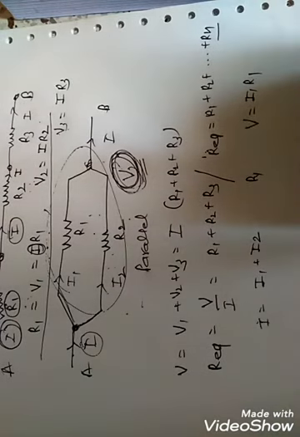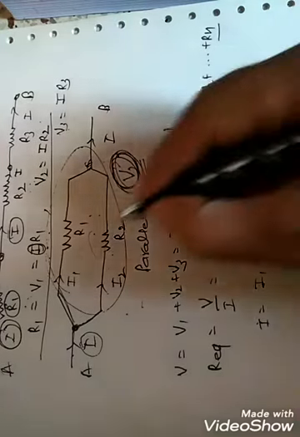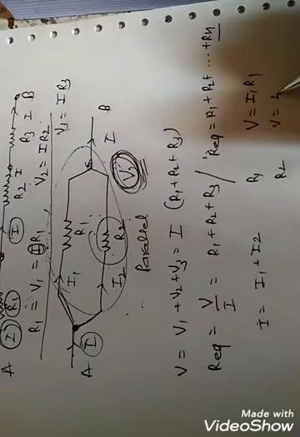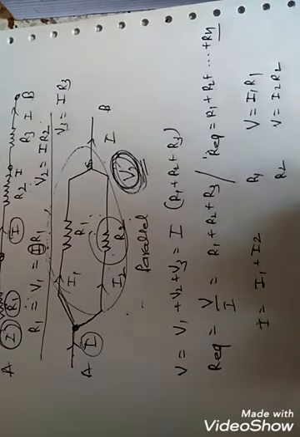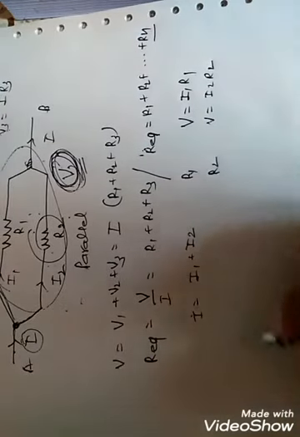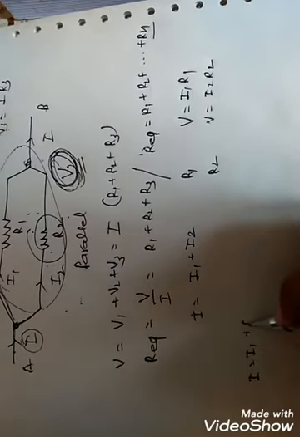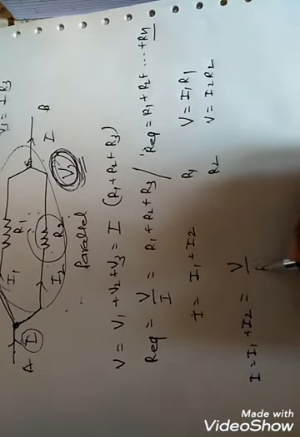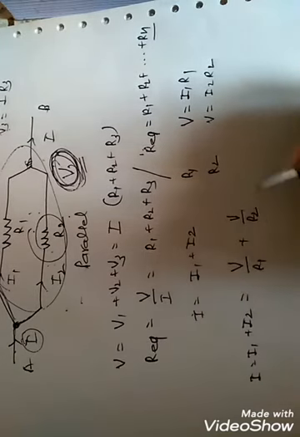Also applying Ohm's law to resistor R2, V is equal to I2 R2. So the total current I is equal to I1 plus I2, which is V upon R1 plus V upon R2.